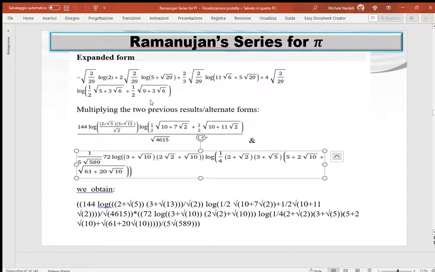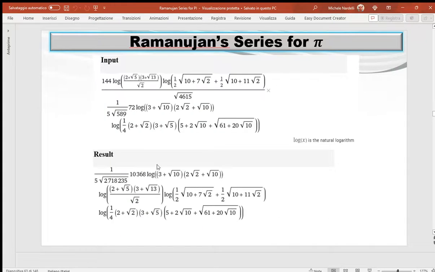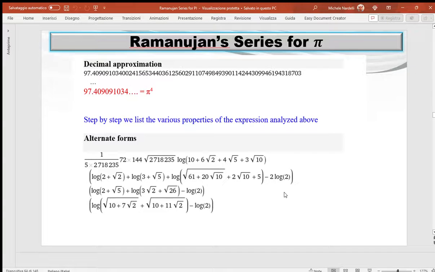Now, multiplying the two previous results, alternate forms, practically this expression and this expression, we obtain the following expression, from which the following result that is equal to pi raised to the fourth power.